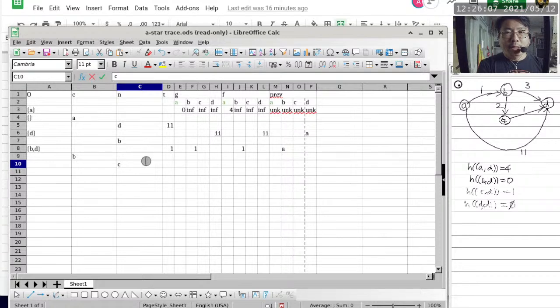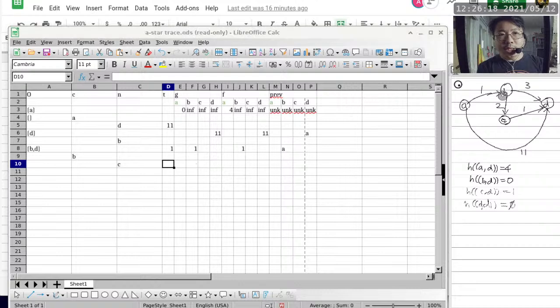Okay. So now we have to look at the sum of g of B and the distance of BC as an edge. BC as an edge has a distance of 2, and the g value of B is 1. 1 plus 2 is 3. So t is 3 in this case. And then we have to compare 3 with the g value of C right now, which is infinity.